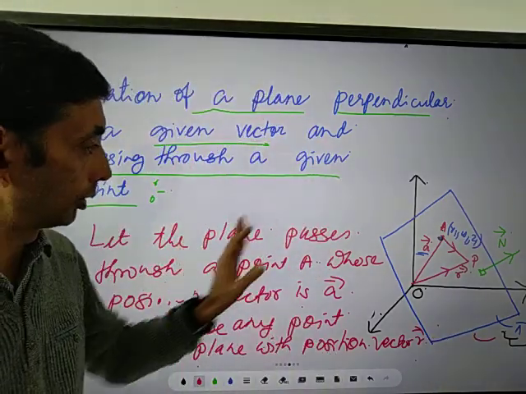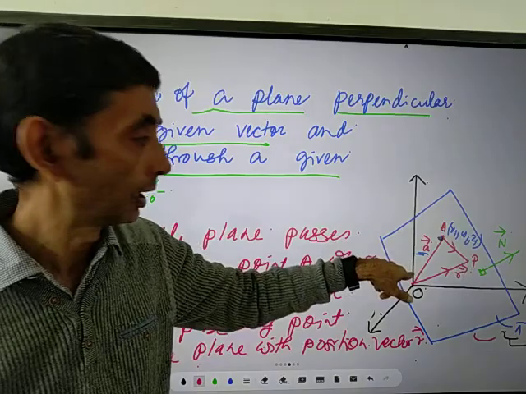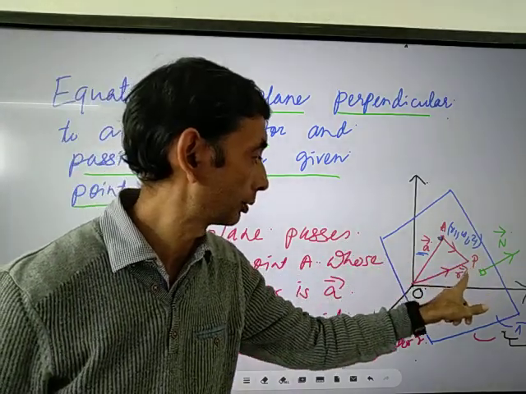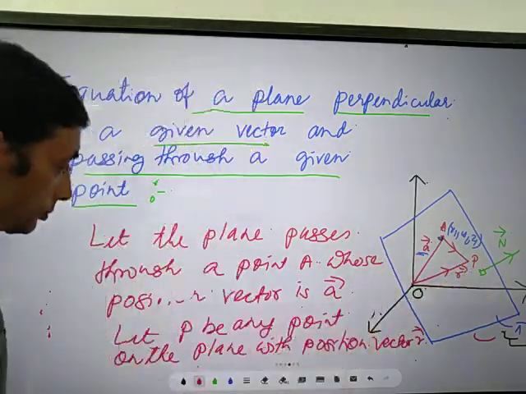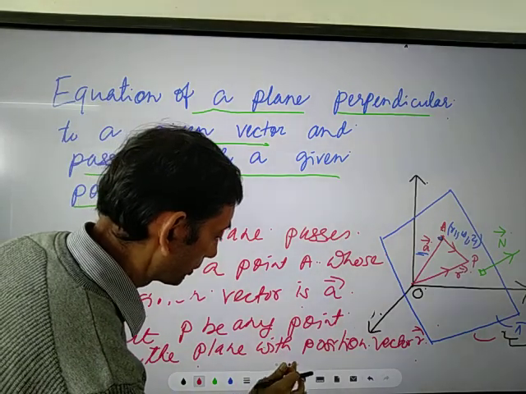So A is a fixed point with position vector a, and P is any arbitrary point with position vector r.